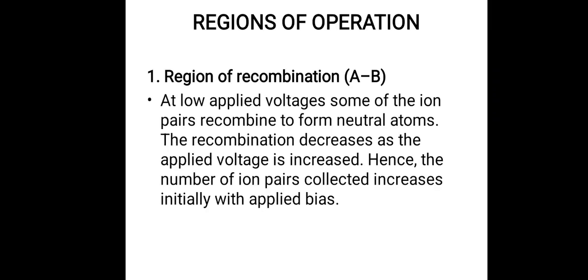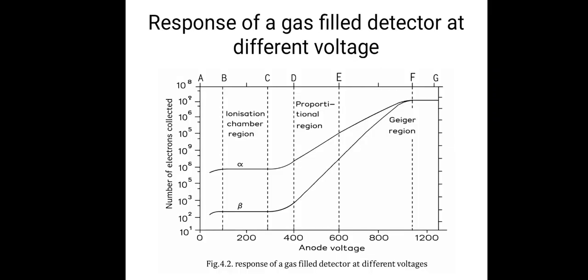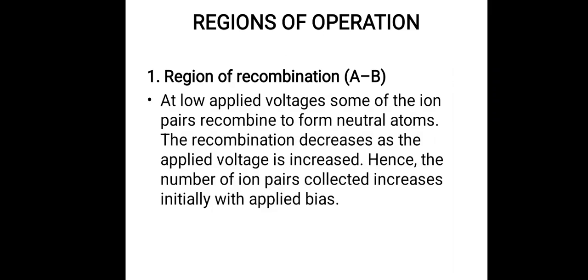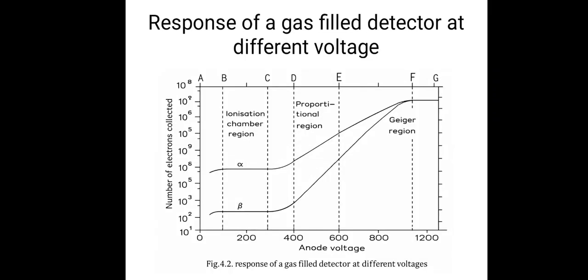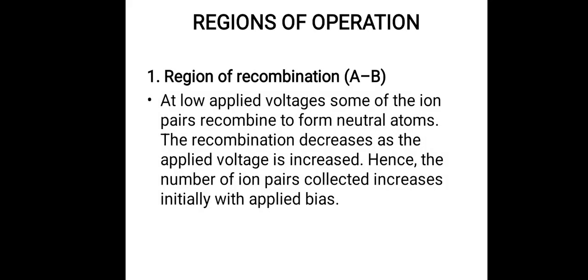Regions of operation. Region of recombination, which is A and B. In this diagram, these are the A and B regions. At a low applied voltage, some of the ion pairs recombine to form neutral atoms.